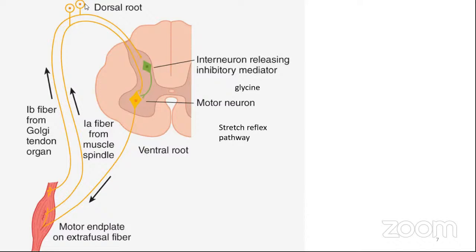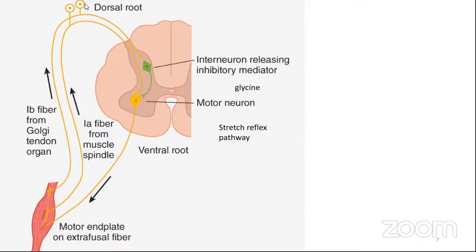Then the inverse stretch reflex is also shown in the same diagram. You can see the 1B fiber from the Golgi tendon organ, that is the receptor for the inverse stretch reflex. It passes through the dorsal root ganglion and through an interneuron releasing an inhibitory mediator, usually glycine.